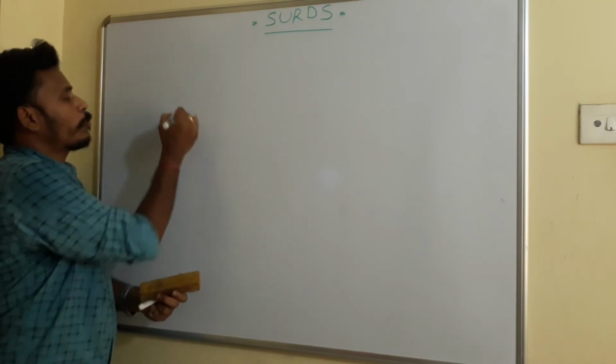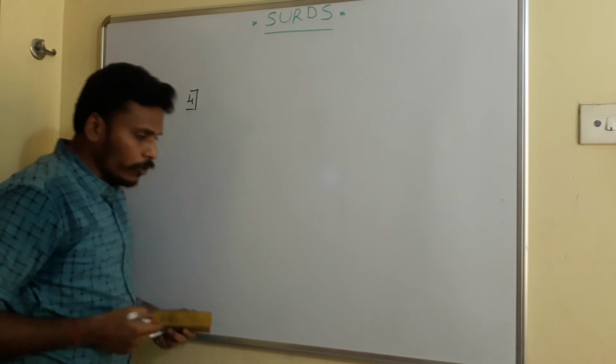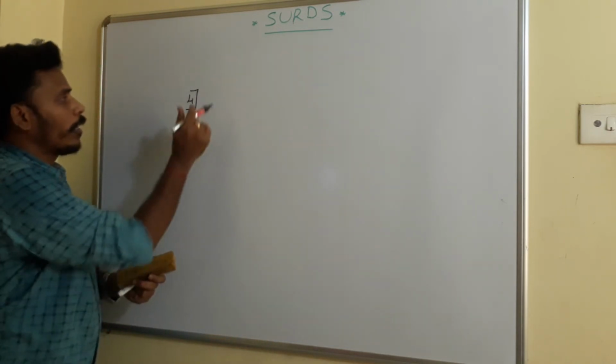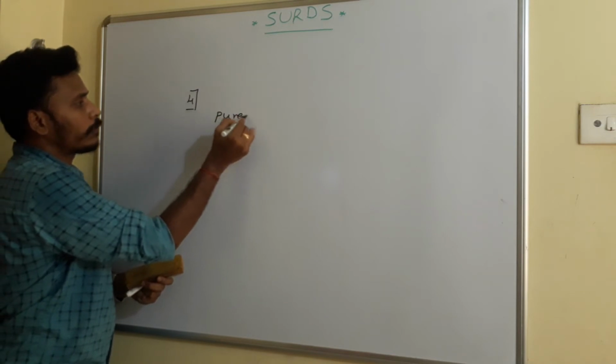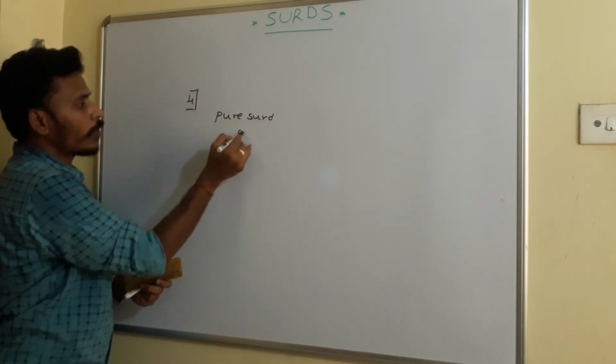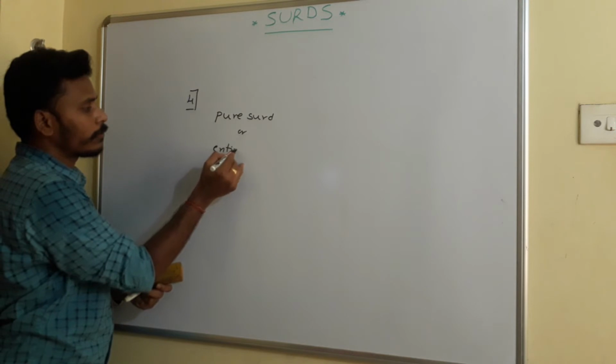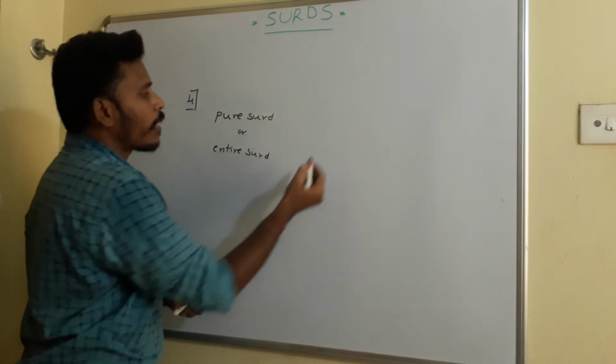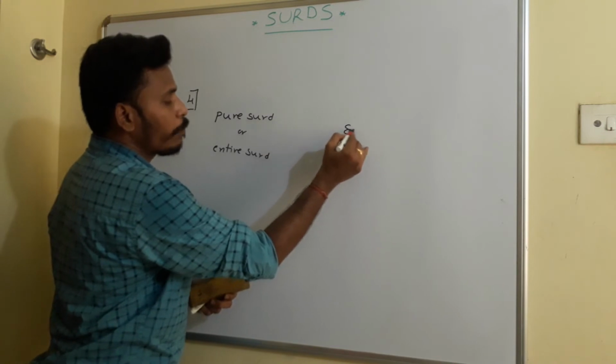Then coming to the fourth point, what I am going to tell you is, there are different forms of surds. Now I am going to tell you pure surd, or entire surd. Pure surd or entire surd. In some other format we call it simplification.